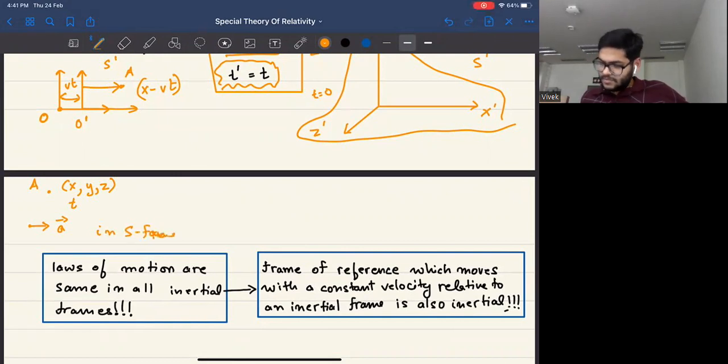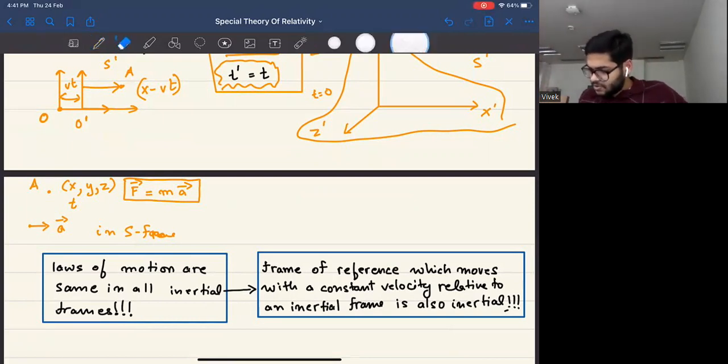Now, from Newton's second law, we know that F should be equal to ma. All right. So now let us see whether this statement F equals ma remains true if we go into another frame which is moving at a constant speed with respect to the frame S.